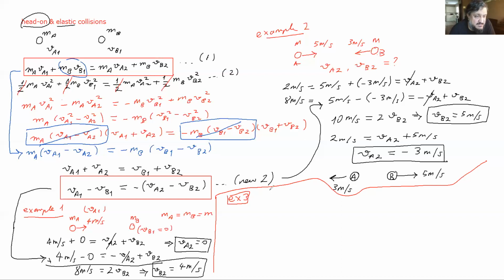Let's make this 10 grams. This is MA. And MB, let it be 30 grams. Okay?